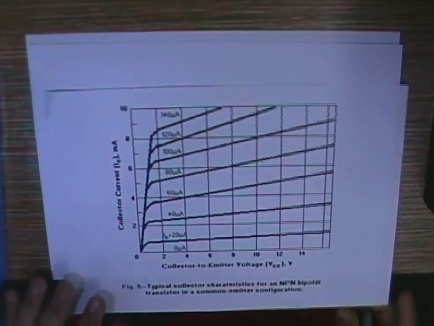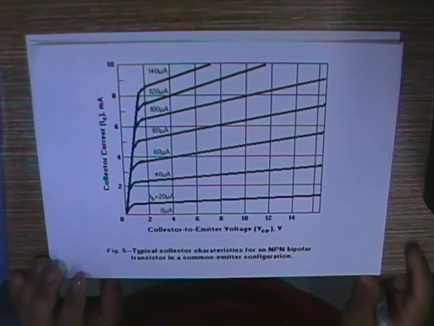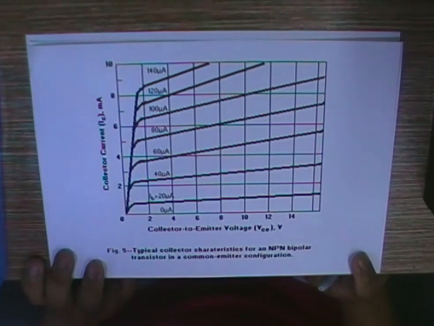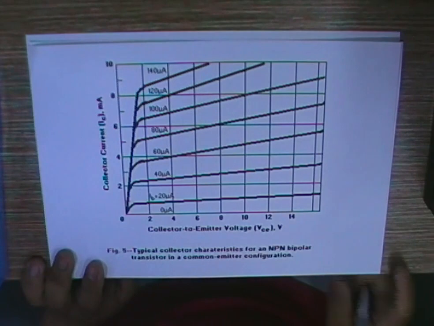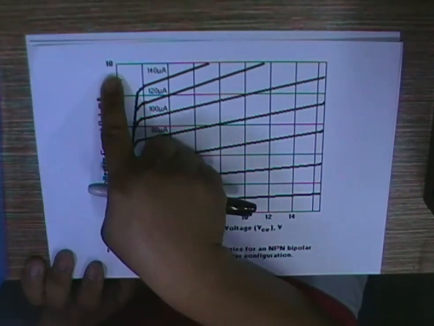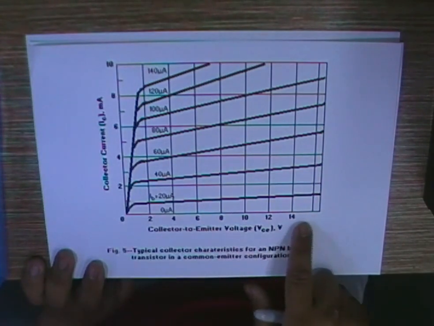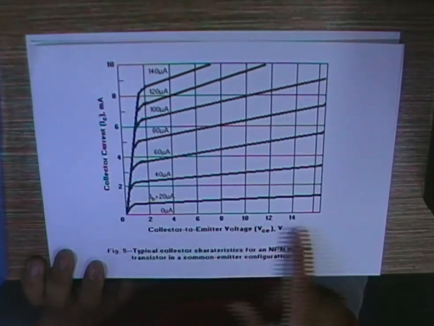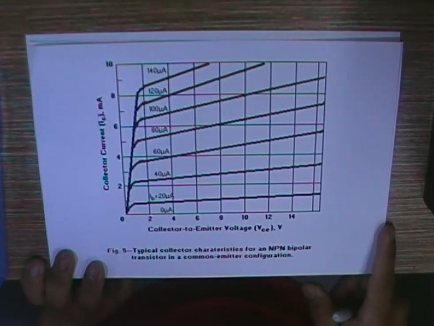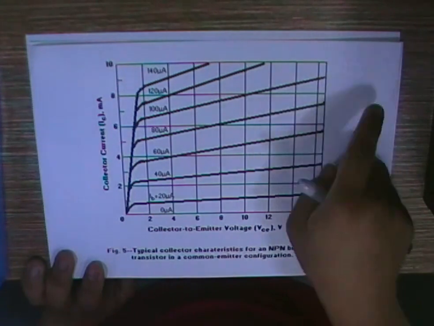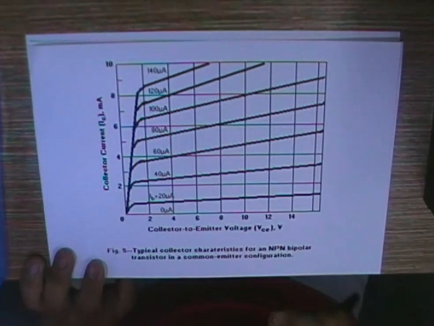In your lab, we are using a small signal type of transistor, something like 2N2222A. This is the typical characteristic curve of a small signal transistor. You can see that the current is smaller, 10 milliamps, and the VCE, depending on the type of transistor, can go up to 40 volt or 30 volt, 25 volt before it goes to the cutoff region.